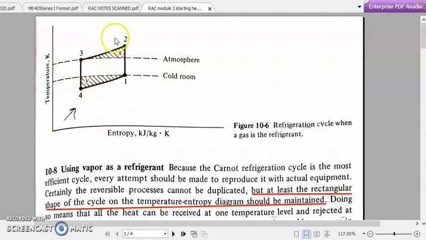Suppose we are able to design a system which can have at least that rectangular shape in the TS diagram, then that system would be at least similar to our Carnot refrigeration cycle. So that is the meaning here. At least the rectangular shape of the cycle should be maintained on the temperature entropy diagram.